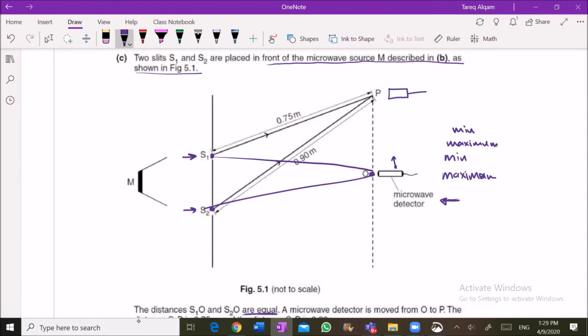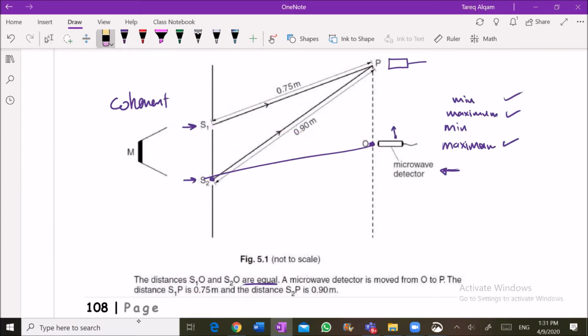Since the source is coherent, I will observe a series of maxima and minima, maxima minima maxima minima, or bright dark bright dark. Here we don't have bright and dark, but I say it to show you they are the same.